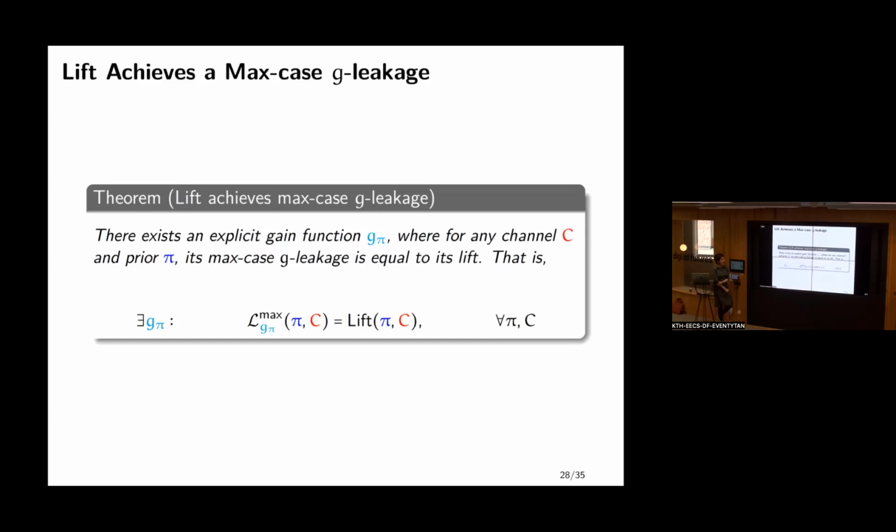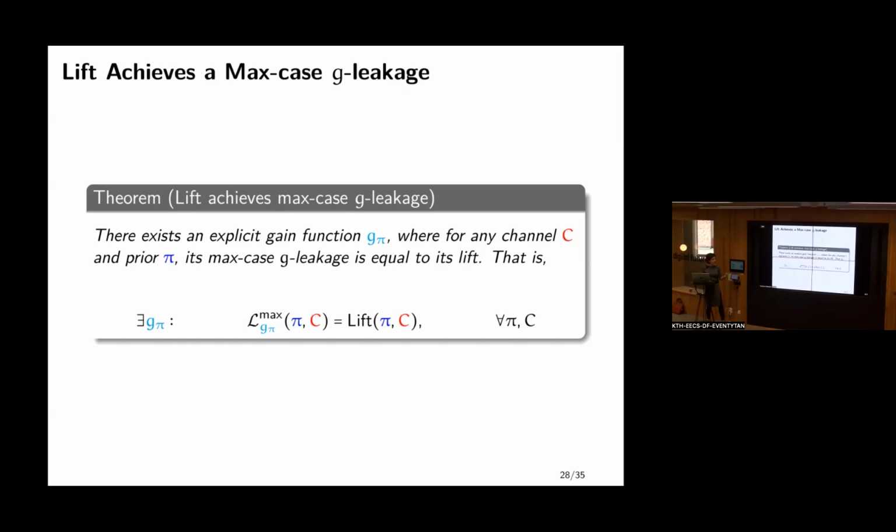So what we are saying is that there exists an adversary out there that, for any channel transition probability matrix and any prior distribution that it can choose, if it matches the gain function to the particular prior that it chose, it can achieve the worst case, this max case leakage. So this lift is an achievable leakage. That is all we are saying. The value of the lift can be achieved by adversaries. So that is one key thing.